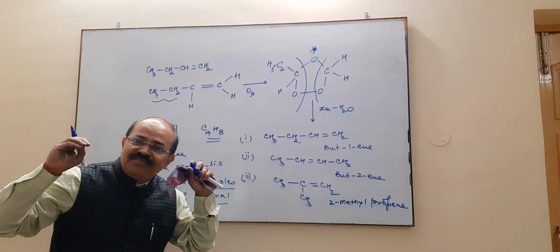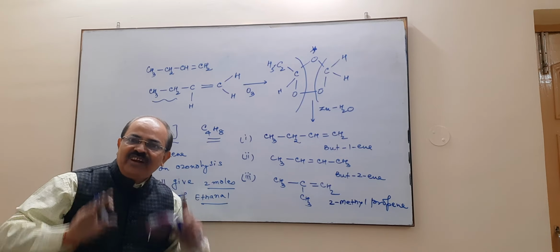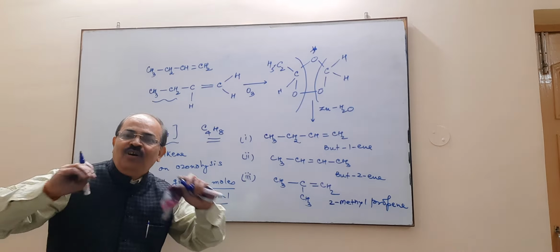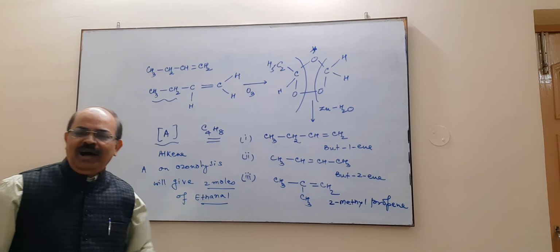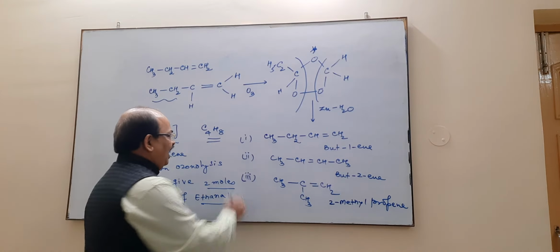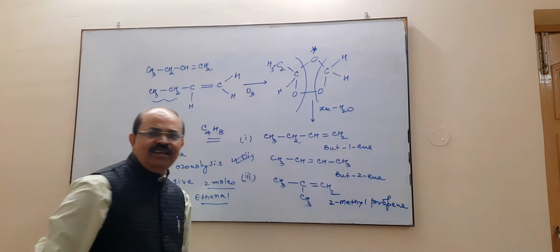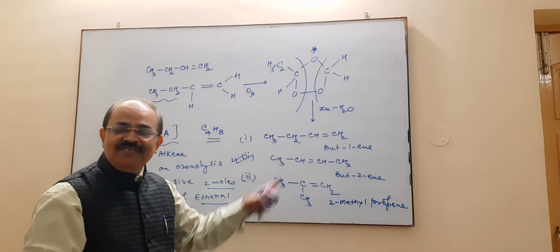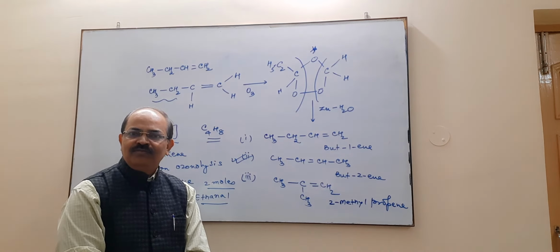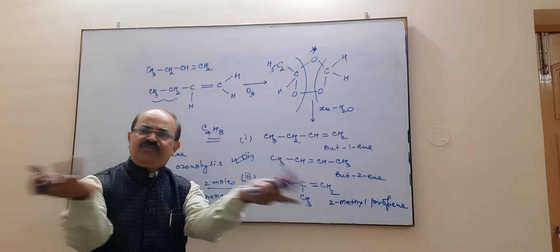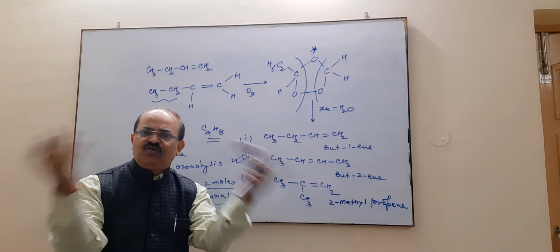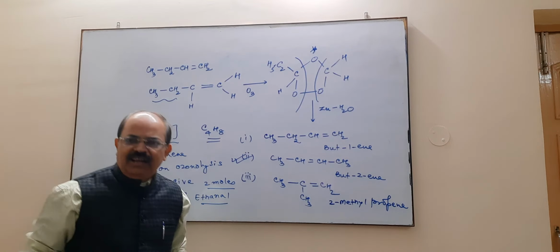Then what is the actual structural formula of your alkene C4H8? You will immediately say the alkene is but-2-ene. It may be cis-but-2-ene or trans, we cannot distinguish that here.